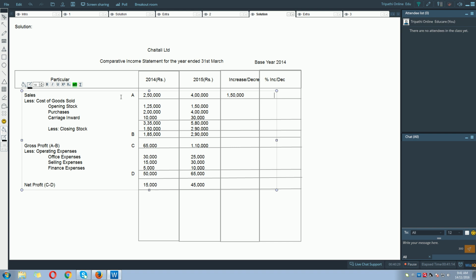Okay, so we are ready with the vertical income statement of 2014 and 15. Now we'll have to find out the increase and decrease actually.